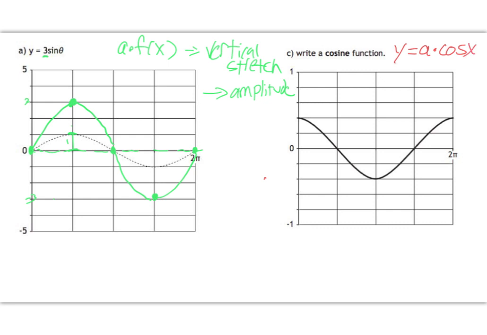I notice that my midline, the middle of this graph, is at 0, and that I'm going up 2 and down 2 from there. That means I'm stretching my graph out by multiplying by 2. Another way to think about that is that a is equal to 2. So this would be y equals 2 cosine of x.